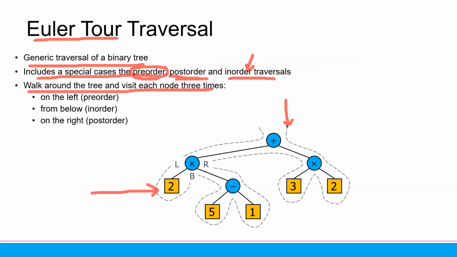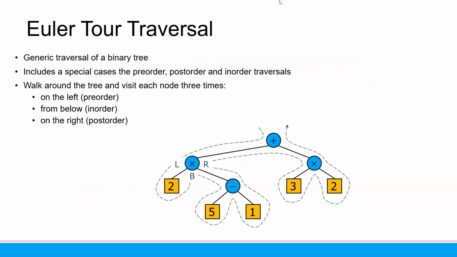And we will walk around the tree and visit its node 3 times. We will check on the left, which is pre-order. We will start from the below, which is in-order, and we will go on the right, which is the post-order. So we will do this one.